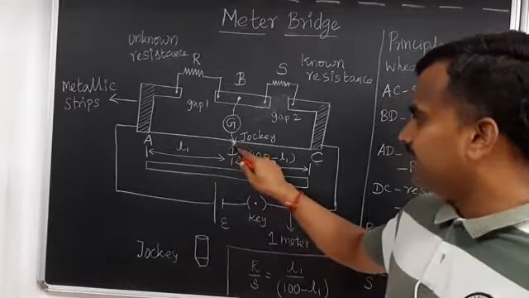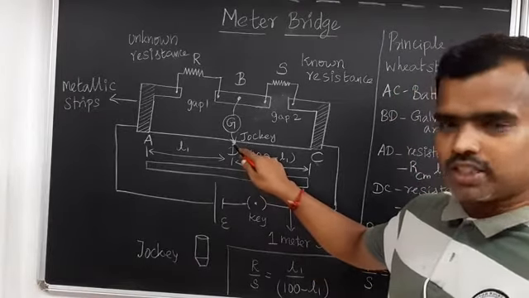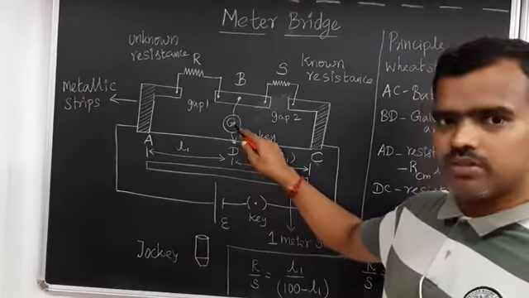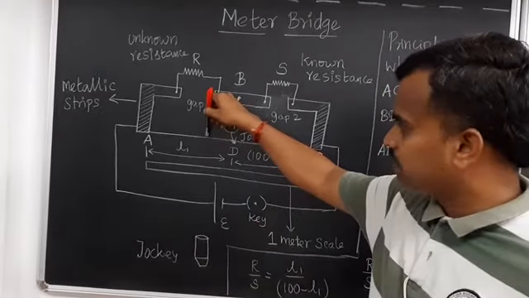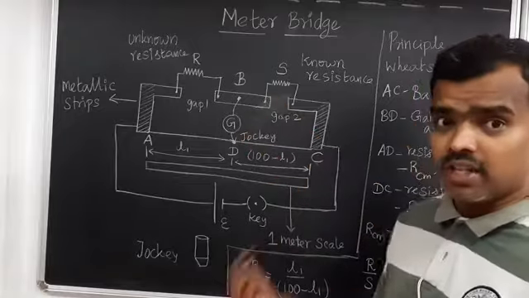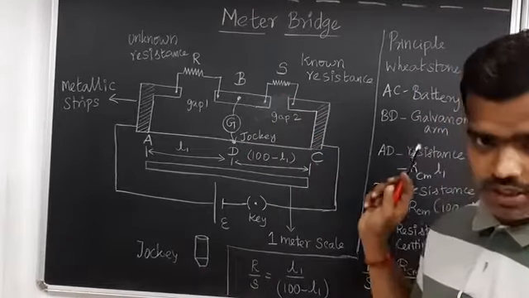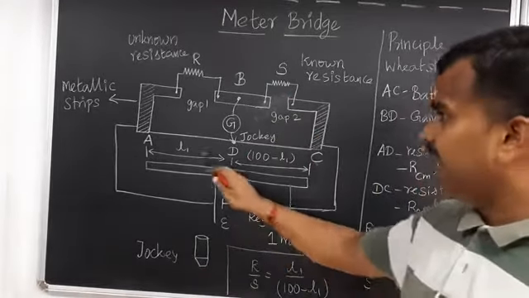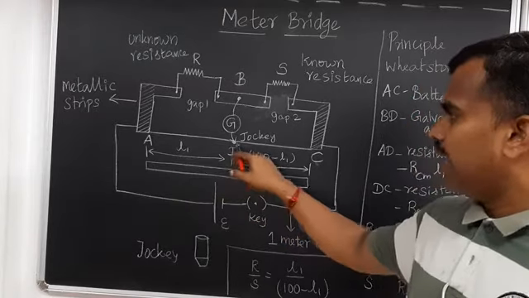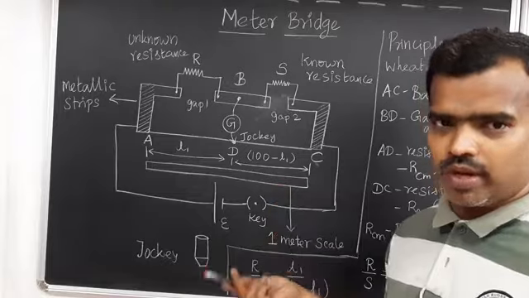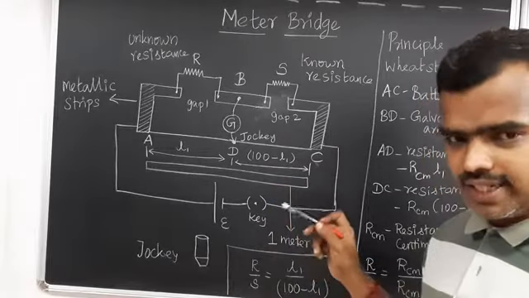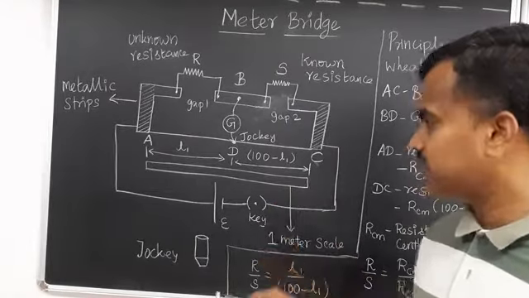If you move the jockey over this point, the galvanometer becomes 0. If you do this practically, the balance point may be at different positions depending on these two resistances. Here the galvanometer shows null deflection, there is no current flow, and in that condition the bridge is balanced.